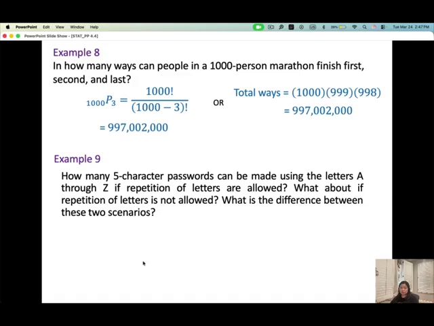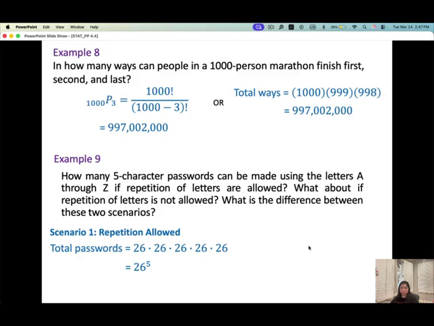So the first letter can be A to Z, which is going to be 26 choices. Second one, I still have 26 choices because the letters can be repeated. And then the third one, same idea, 26, and then times the fourth one, the fifth one is also 26. Use your calculator. You're going to get this number.